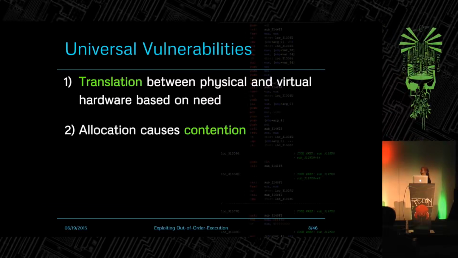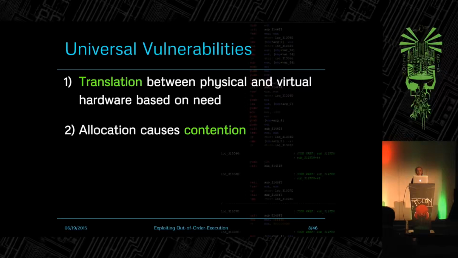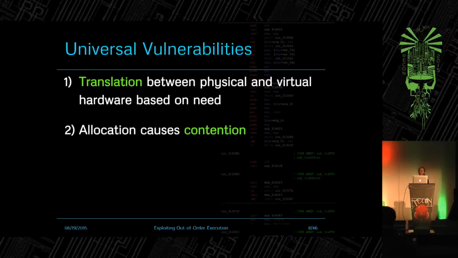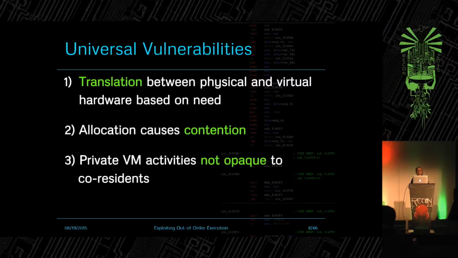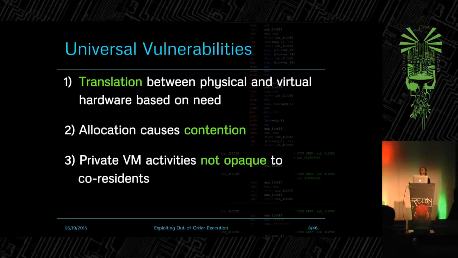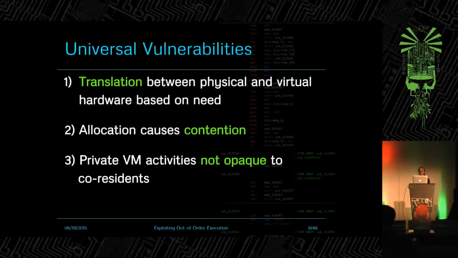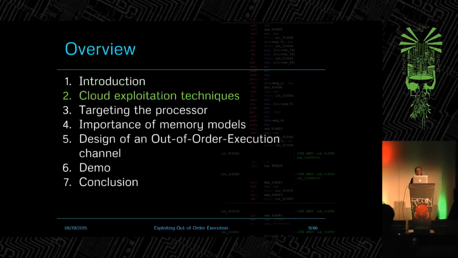Because it does happen through time, it's based off of the need of each process or each virtual machine. And this means that one virtual machine can cause contention with another for the same resource. That basically means that your VM's activities, even if it's just telling someone else that you need physical resource Y, are not opaque to someone else on the same hardware.